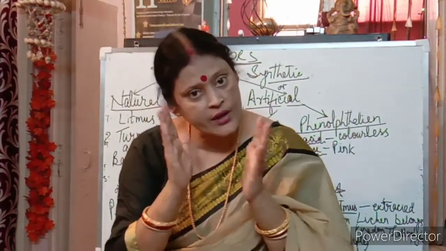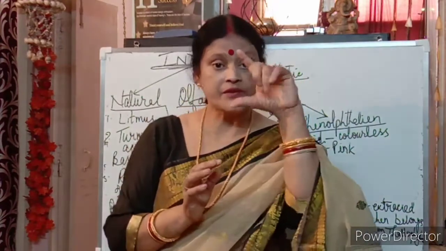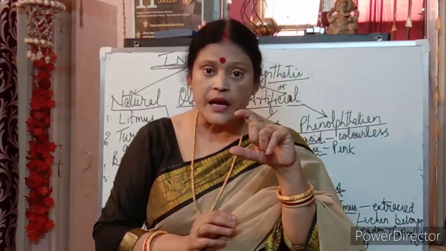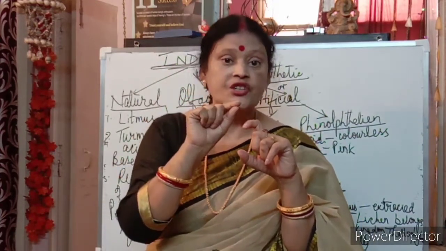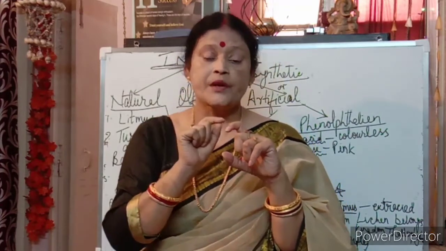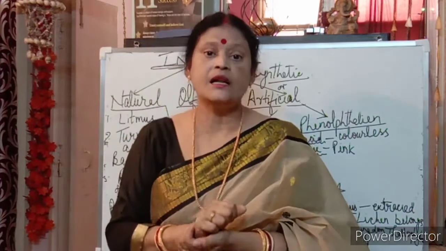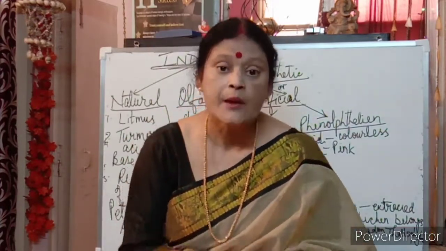Now clear, students, what litmus actually is? Now what happens in litmus? Suppose I take an acidic solution and put the litmus in it. I told you, in acid it changes from blue to red. So if you take blue litmus paper and dip it in acid, automatically the color will change to red, blue to red.